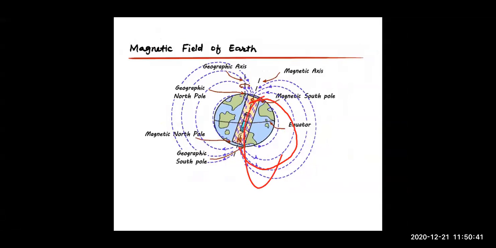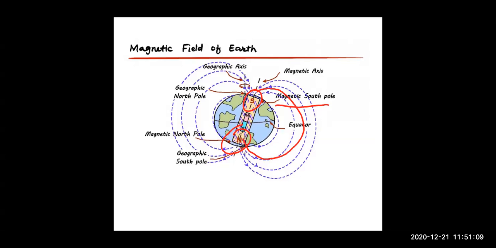So this is the north pole of the big imaginary bar magnet, that is known as the magnetic north pole. This is the south pole of your big imaginary bar magnet, which is placed on the magnetic axis, that is known as magnetic south pole. So children, the magnetic field exists from magnetic north pole towards magnetic south pole. Yes, you can say like that.